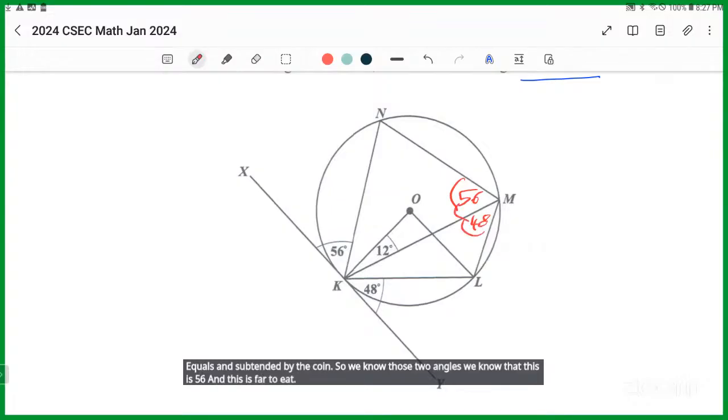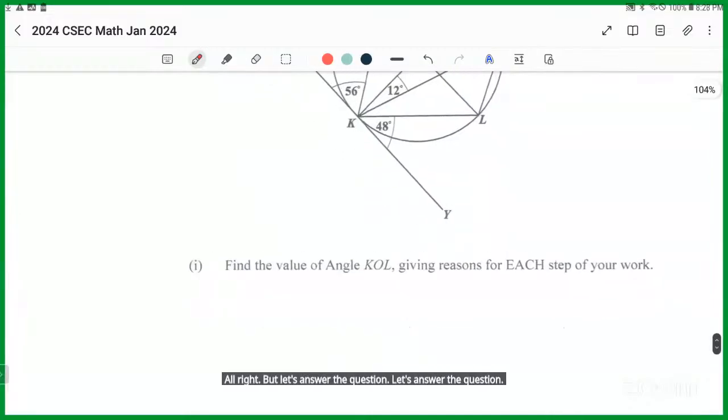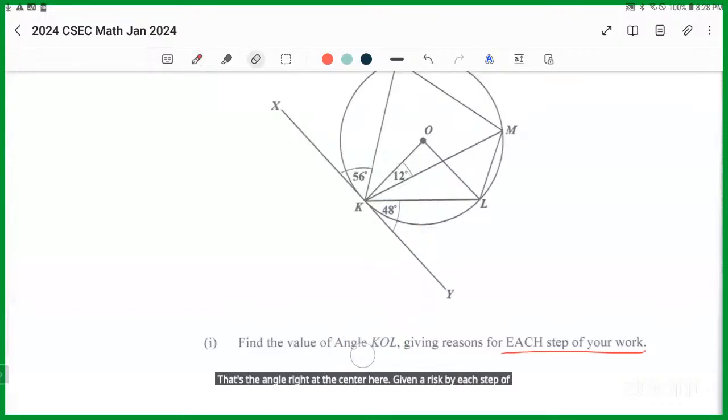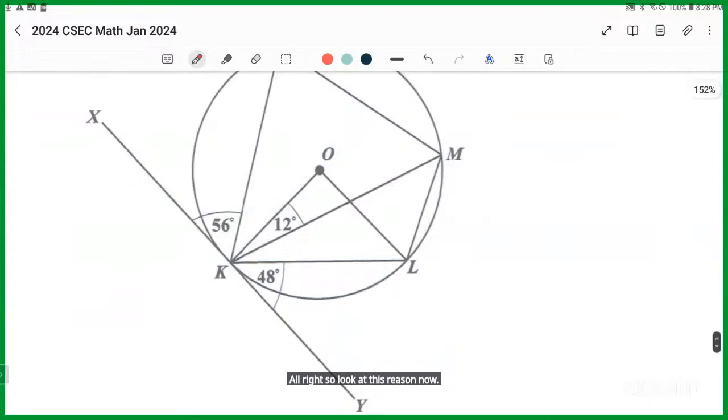All right. But let's answer the question. Question says, find the value of angle KOL. That's the angle right at the center here. Give a reason for each step of your work. All right. So look at this reasoning now. They want us to find this angle here, right? Now there are multiple ways to do it. That angle is subtended by this chord at the circumference.